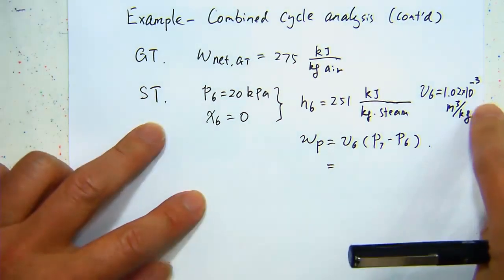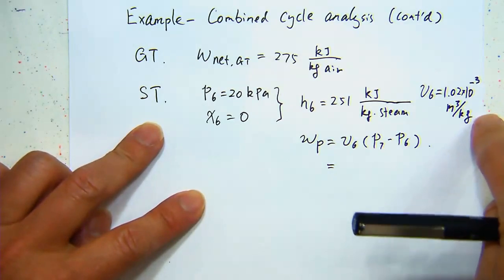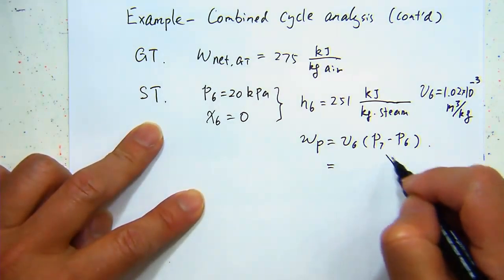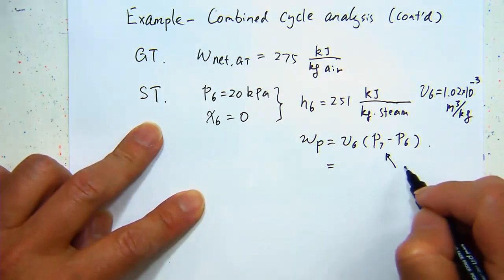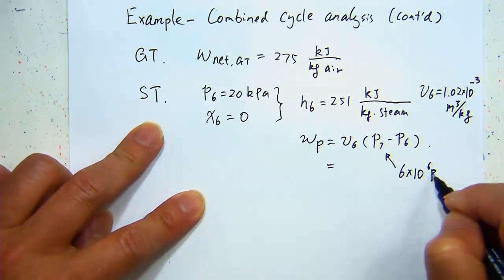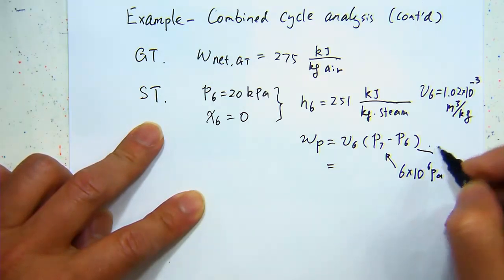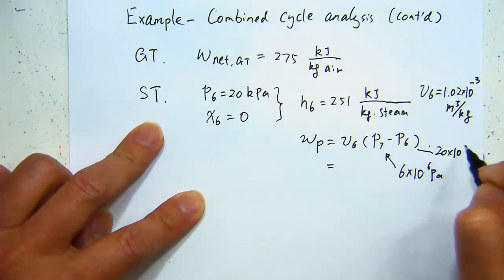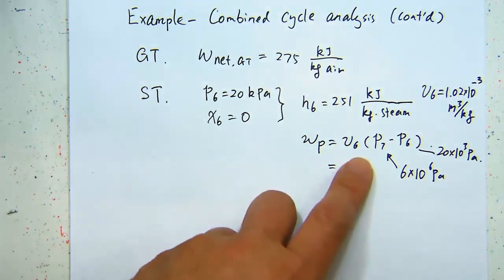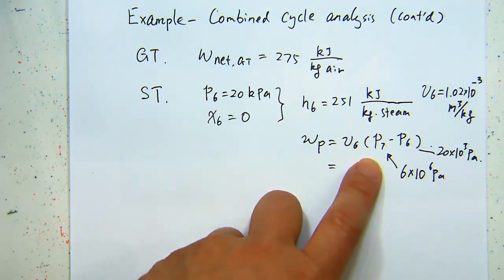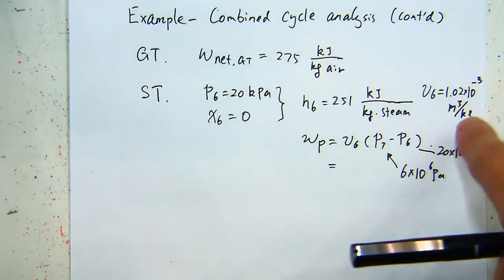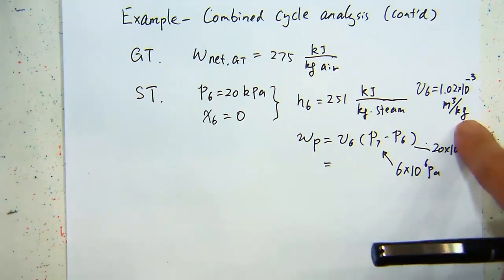So the specific volume of water is a pretty small value, you can see. And then you bring in the pressure, which is 6 megapascal, and this one is 20 kPa, so it's 20 times 10 to the 3 Pascal. Here you need to use Pascal and meter cubed per kilogram.